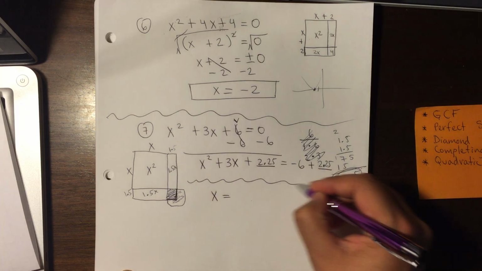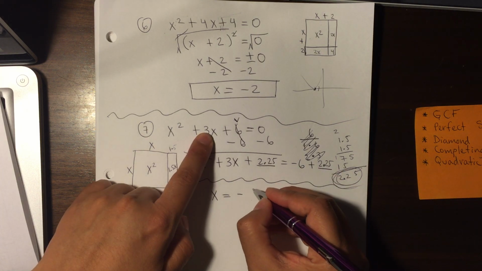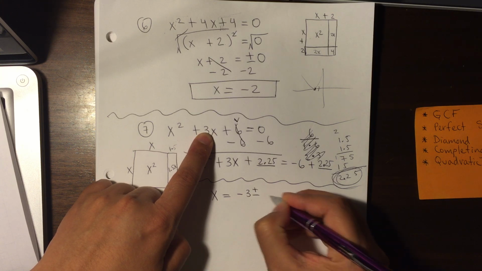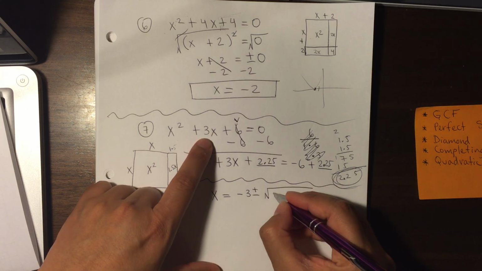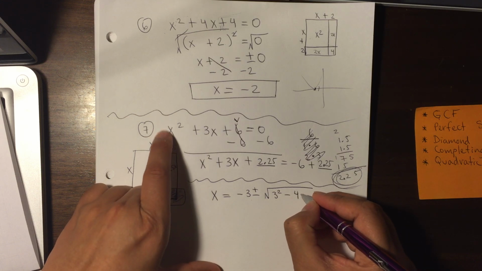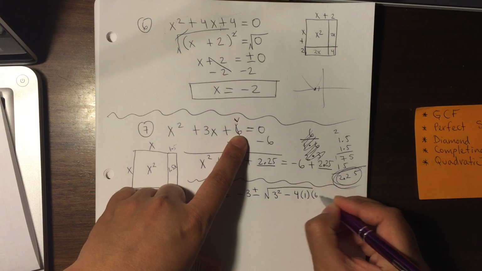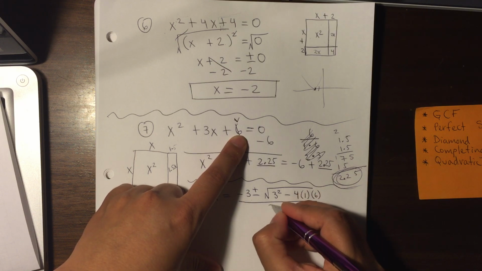Okay? So x is equal to negative b plus or minus the square root of b squared minus 4ac, all over 2a.